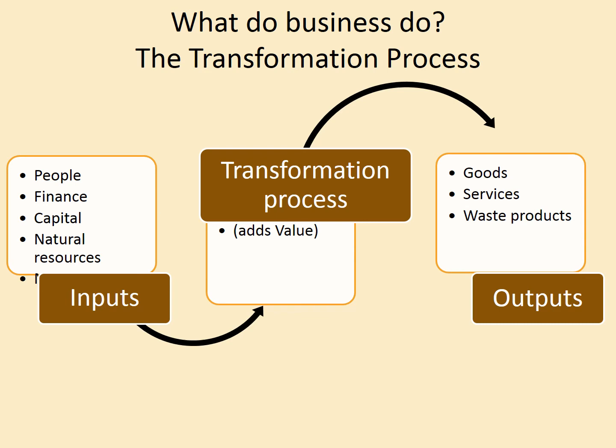So none of them are trying to make no profit. They're all trying to make some sort of money out of this. So they'll transform it into goods and services that you want as the public, that other companies want, and hopefully you will go along, purchase them and add the value to it. Now you also get waste products through that as well, which can then be distributed at a later date through any kind of recycle scheme, or they can just be gotten rid of.